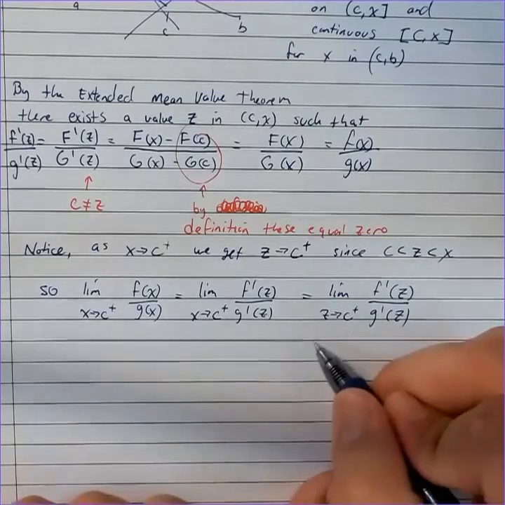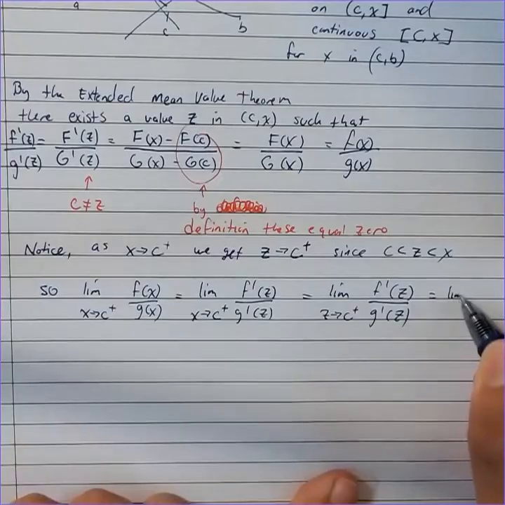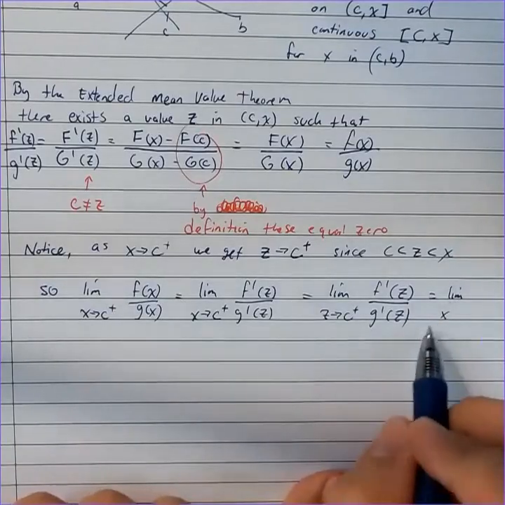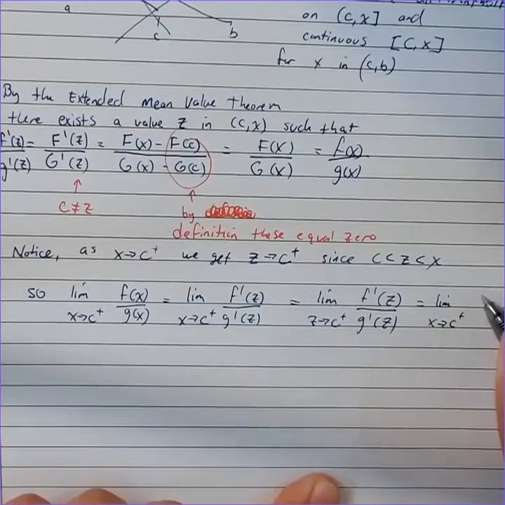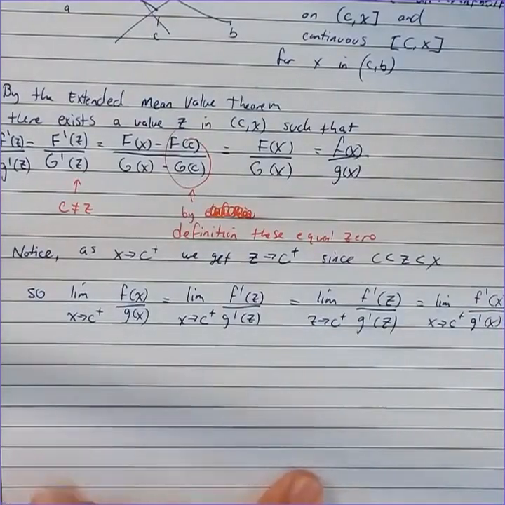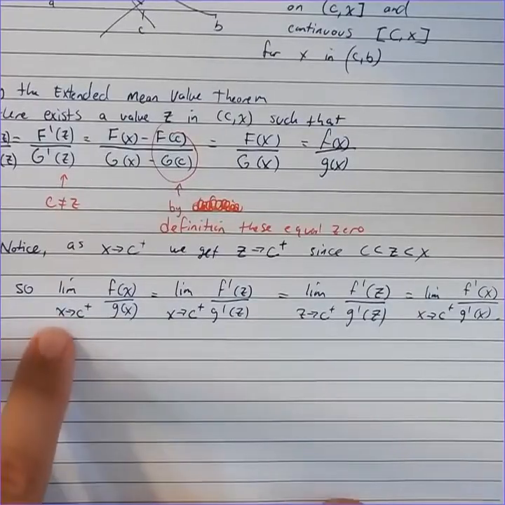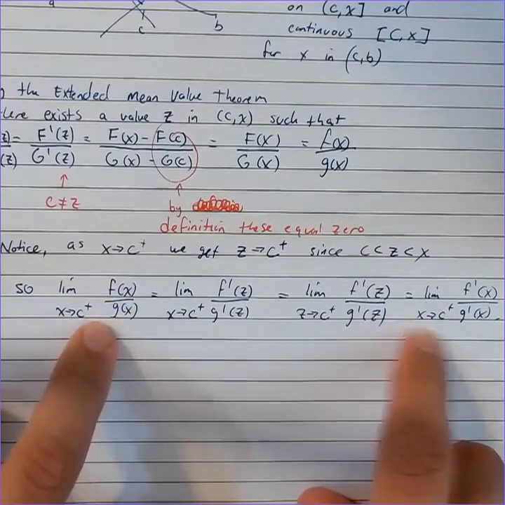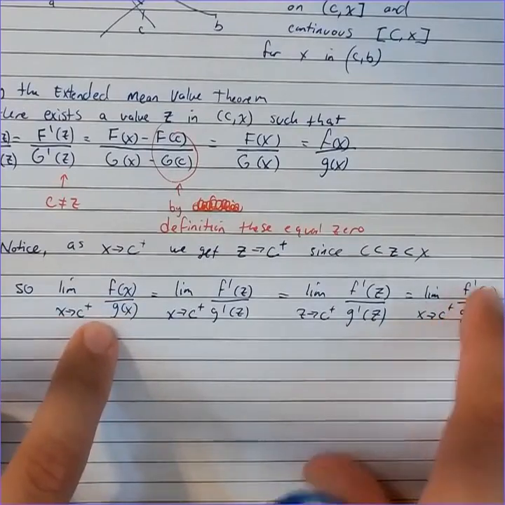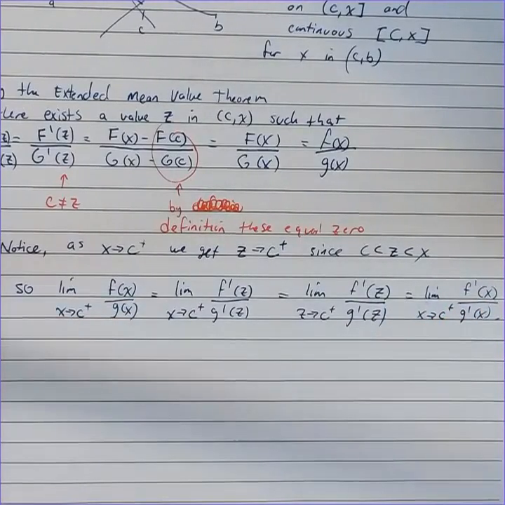Because after all, z is just some number. Doesn't matter what we call it. So here, let's use a more traditional symbol: the limit as x approaches c from the right of f prime of x over g prime of x. And there we go. So now this shows that the limit as x approaches c from the right of f of x over g of x is the same as the limit as x approaches c from the right of f prime of x over g prime of x.